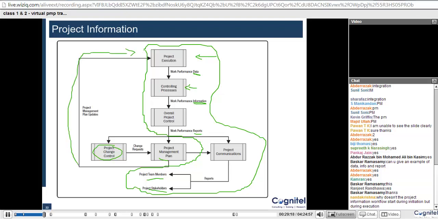So any updates in the project management plan would of course need to be communicated back to the execution team, that these are the changes that we have made and you need to now execute as per the new plan that we have created.